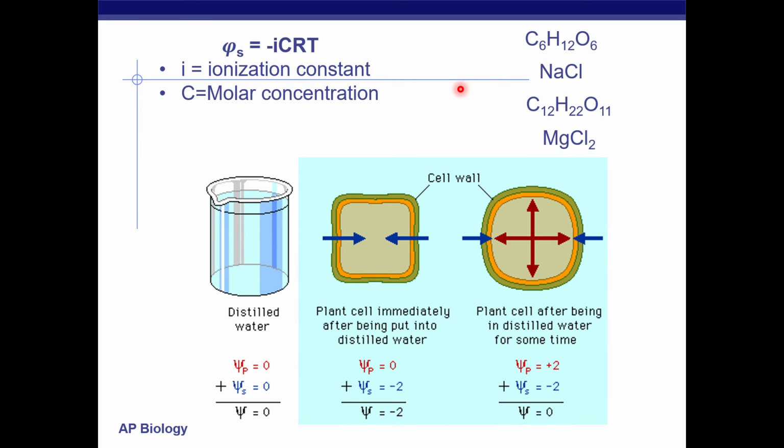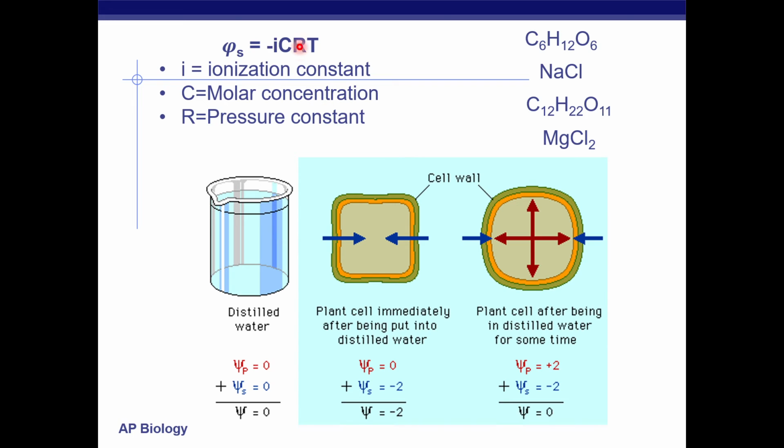The C stands for molar concentration. So you're either given the concentration or you have to find the molar concentration. The R is a pressure constant. This is another constant, and so this number is the same. For us, it will always be 0.0831. That will always be the pressure constant.